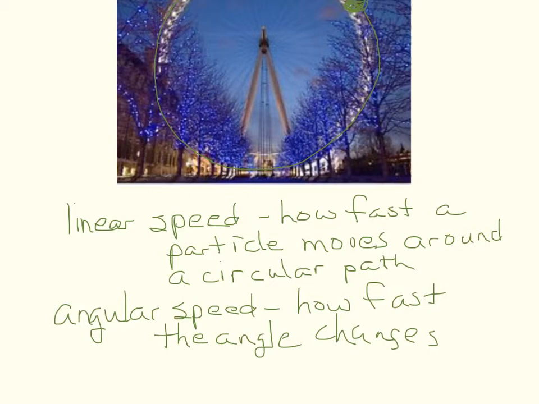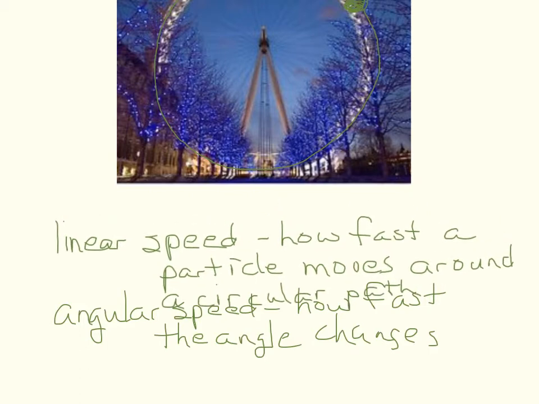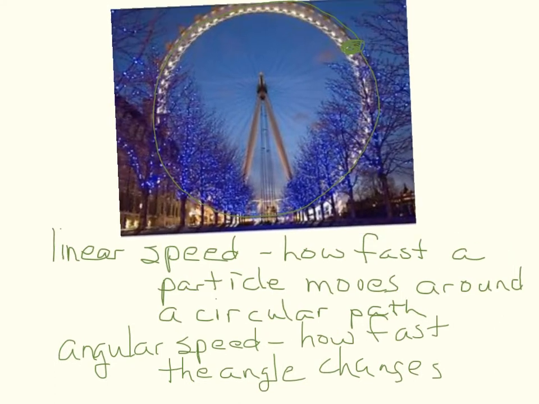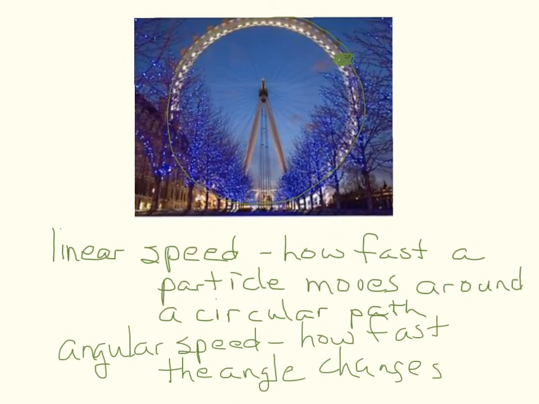For instance, you can sort of see these spokes on the Ferris wheel. The spoke goes out here, and you're moving at one speed around here, but this is going through an angle.